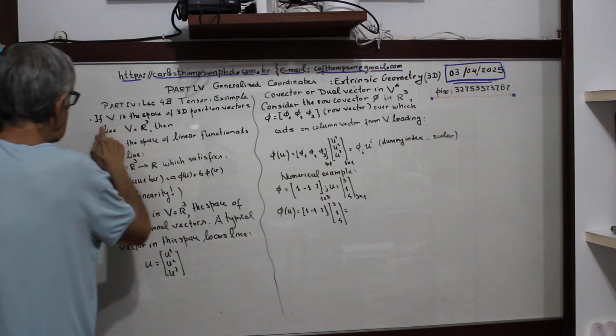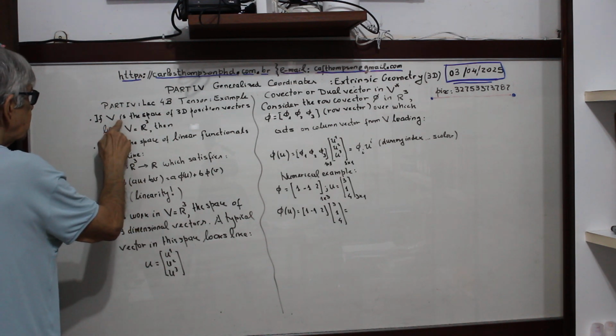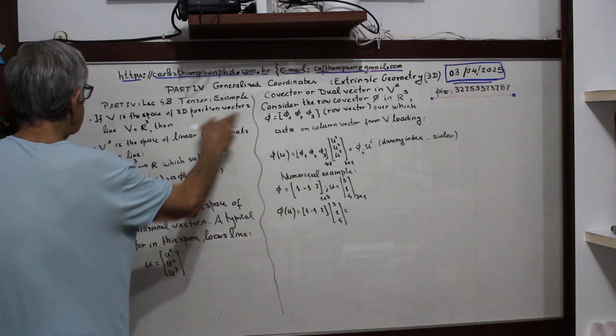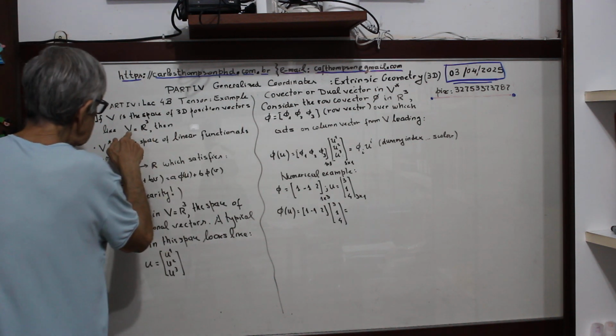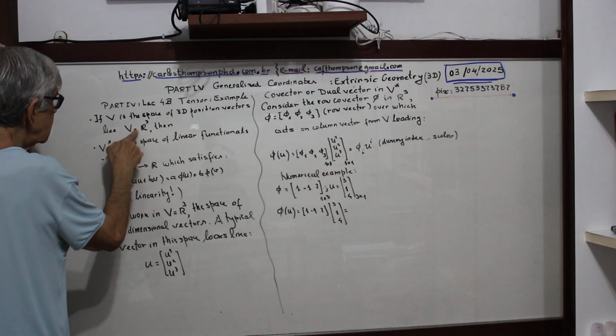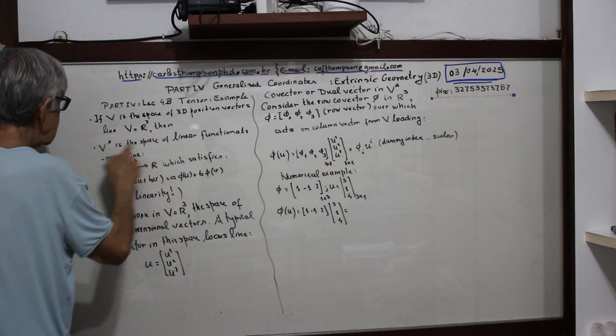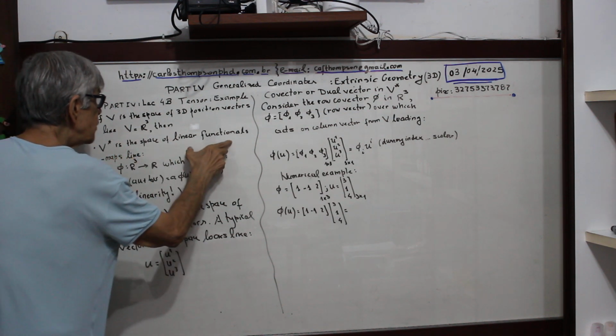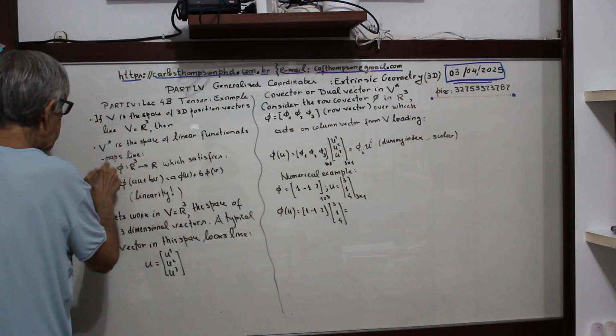Example. If V is the space of three-dimensional position vectors in R3, then V star is the space of linear functional maps.